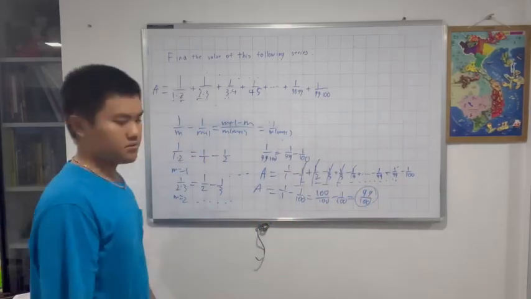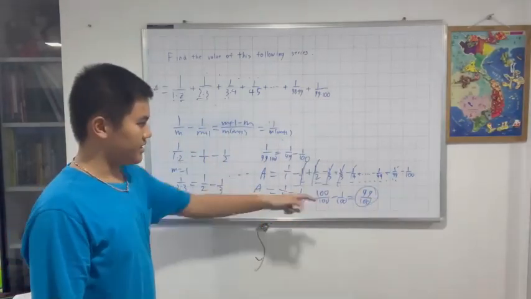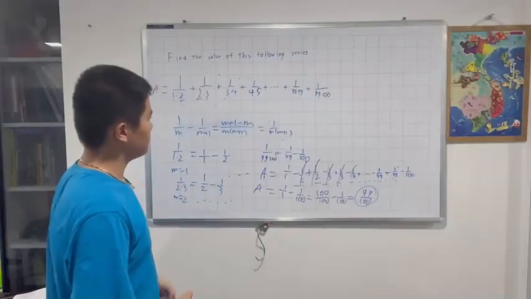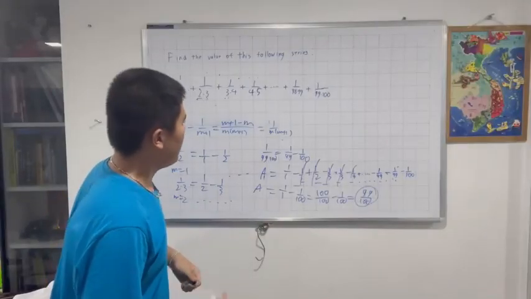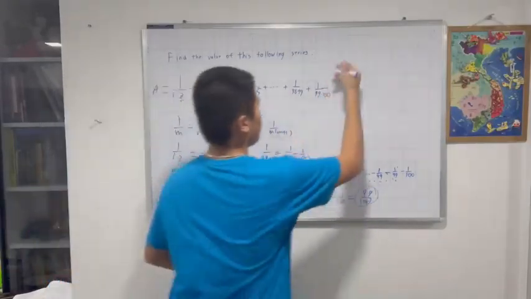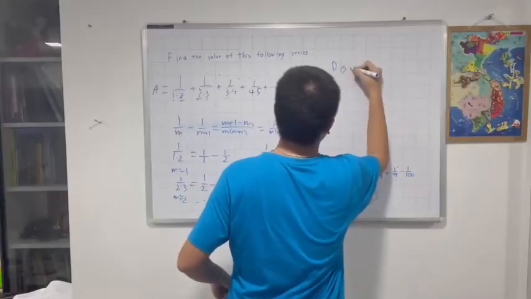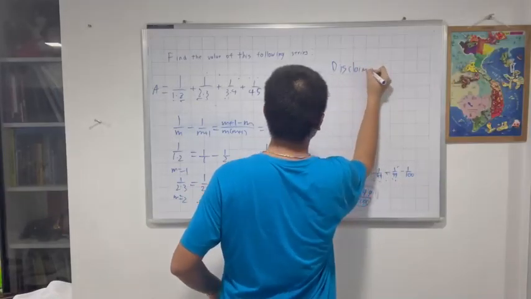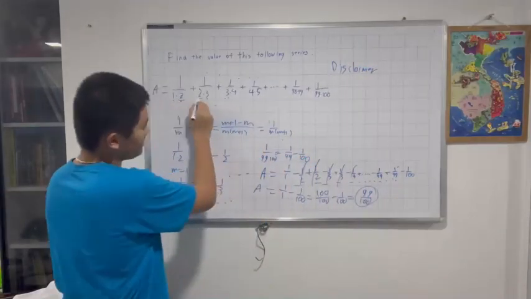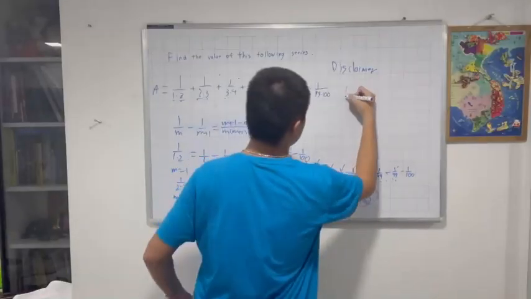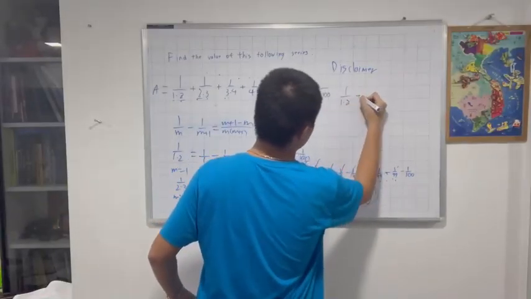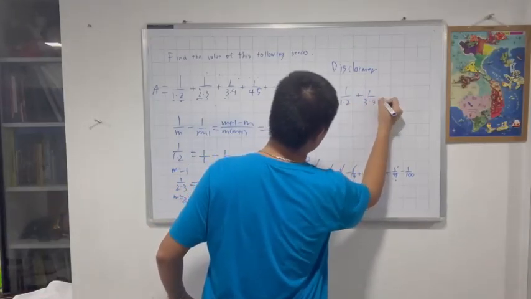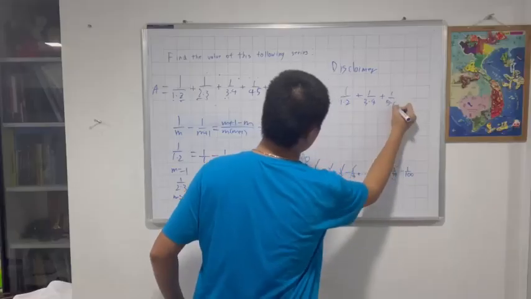Okay, well, that's how you solve this. And also, a disclaimer: some people mistake this series for a different series, which is 1 over 1 times 2 plus 1 over 3 times 4 plus 1 over 5 times 6.